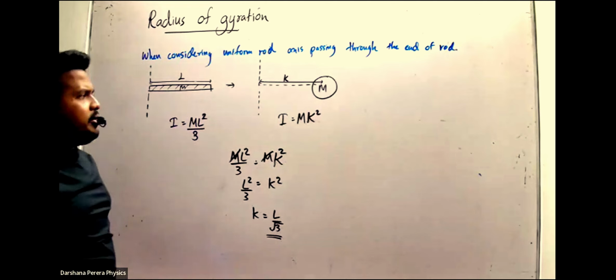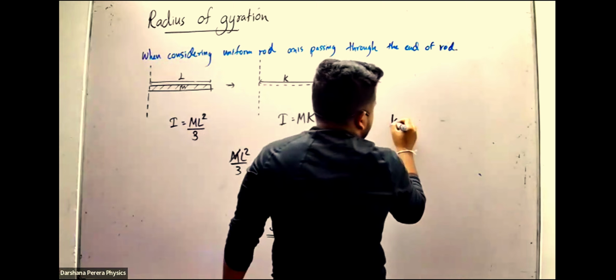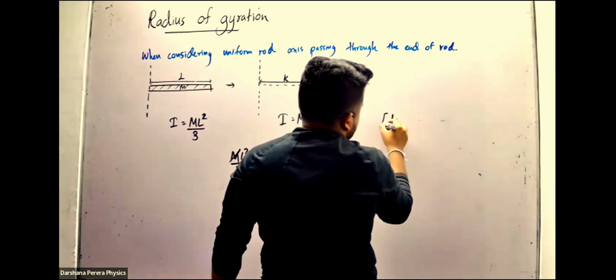Then what is the dimension of k? Radius of gyration. What is the dimension?